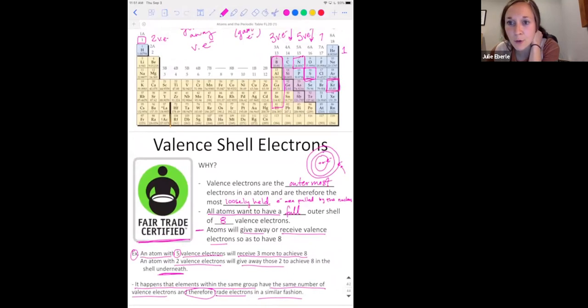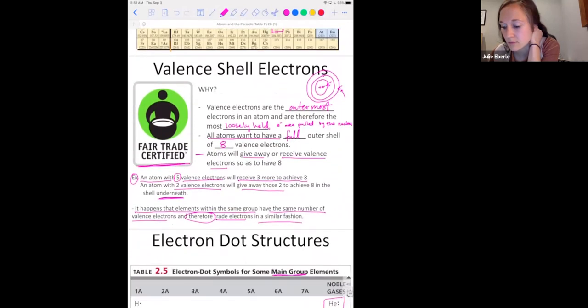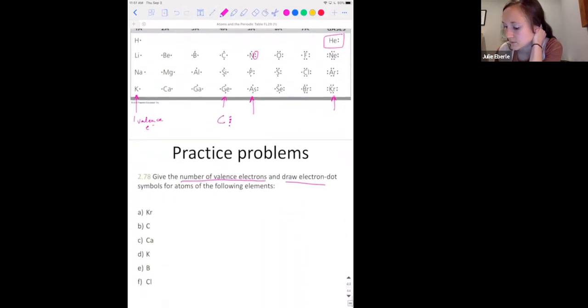It's in main group 8. So how many valence electrons does it have, and how would you draw its dot structure? So we say it has 8 valence electrons, and you draw the symbol, and then it's actually right here. You put 2 on each side to show all 8.